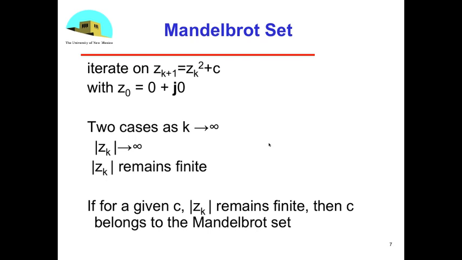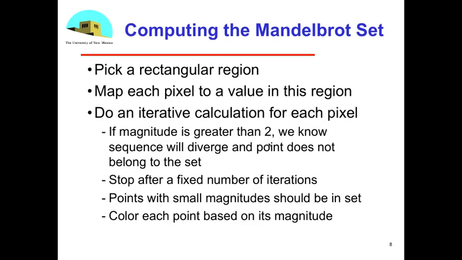So let's look at the computation very quickly. We pick a rectangular region, and each pixel now has a value in this region. You could talk about starting off with a box that goes from -1 to 1. Probably we're better off starting off at something like -3 to 3.